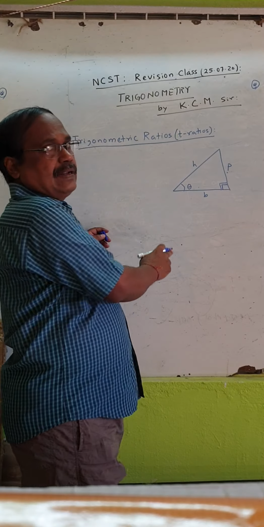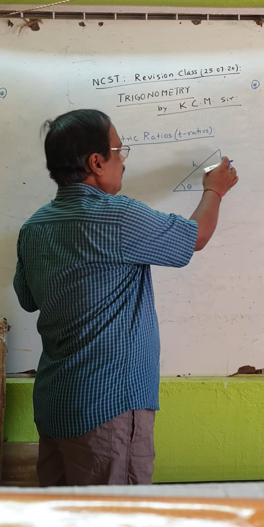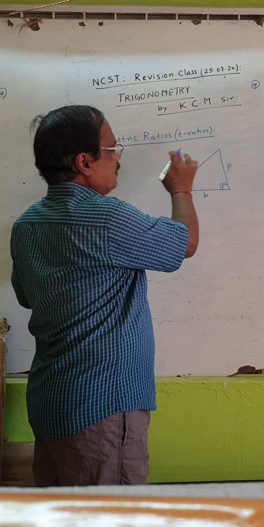Let theta be an acute angle in a right angle triangle where P is the perpendicular, B is the base, H is the hypotenuse.